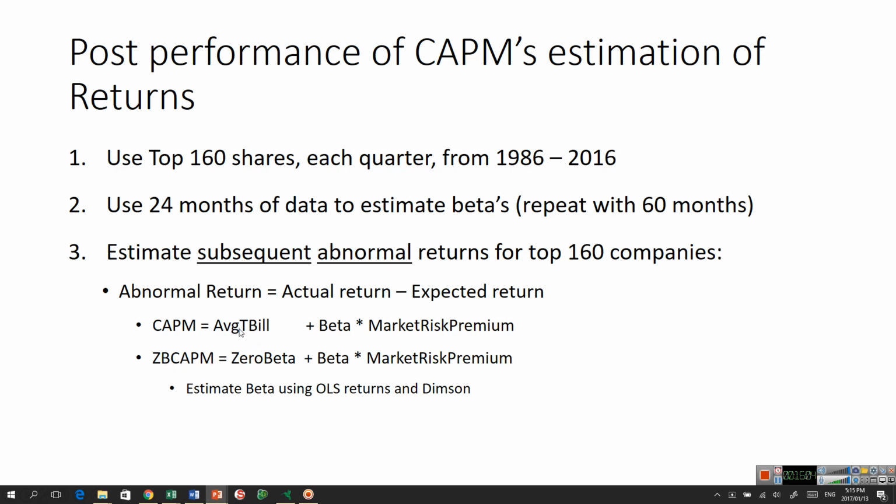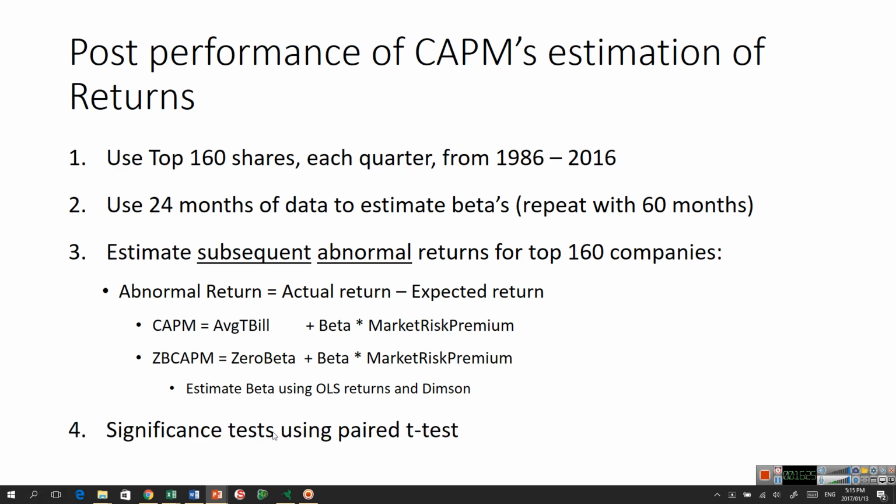The only difference really is that instead of the risk-free rate here, we've got a zero beta portfolio. We're going to estimate these betas in two different ways as well. We're going to use the conventional way with covariances, and we're going to use Dimson's method as well, just to see if the beta makes a difference.